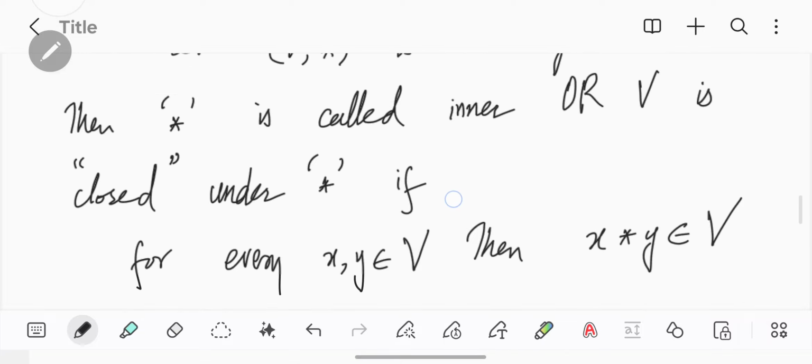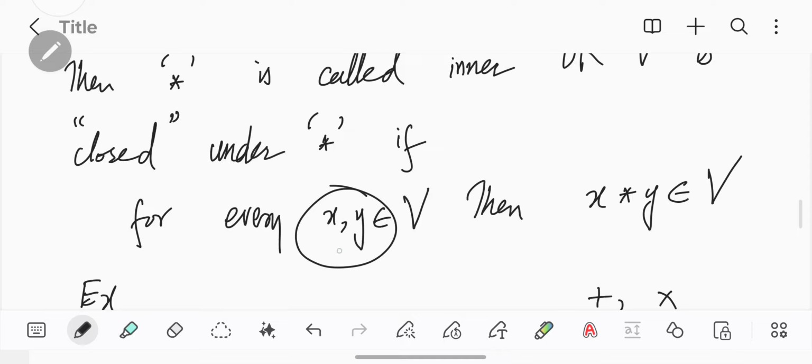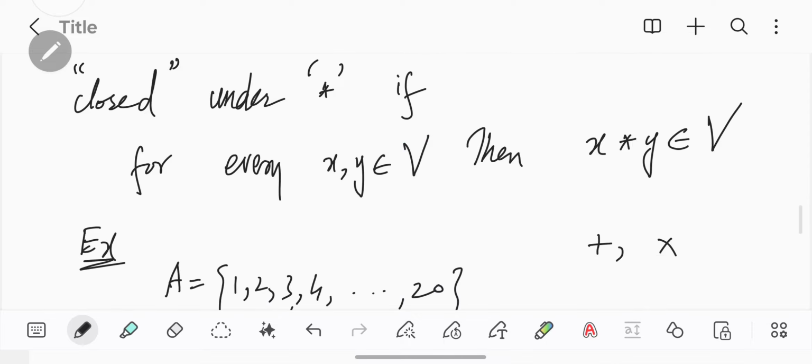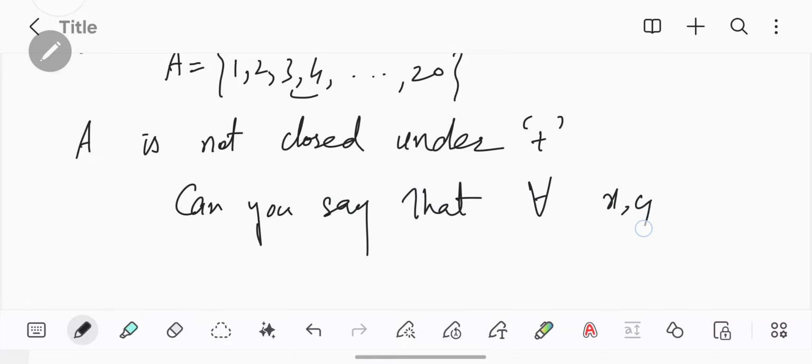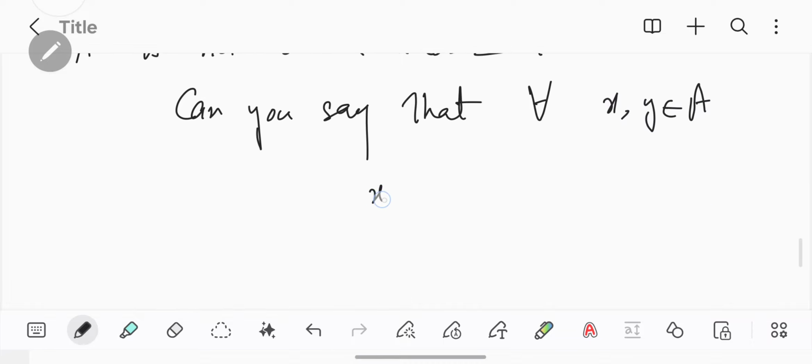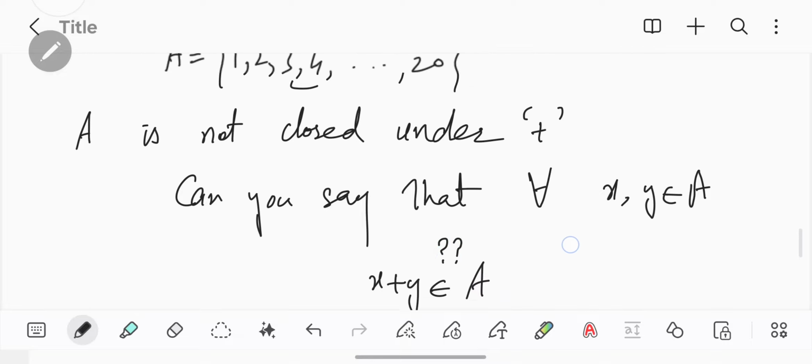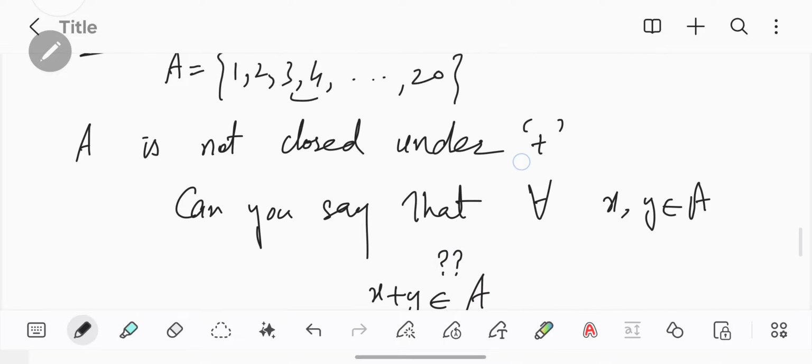That means, can you say that for every two elements of A, x plus y is in A? Can you say that for all x and y belonging to A, x plus y belongs to A? Is this true or not? Think for a moment.